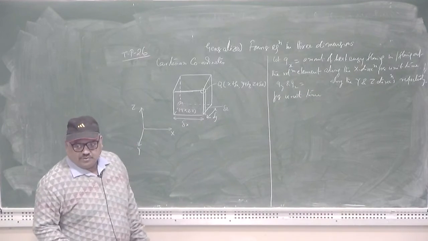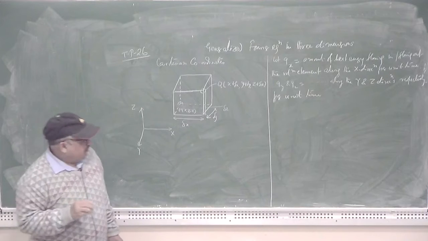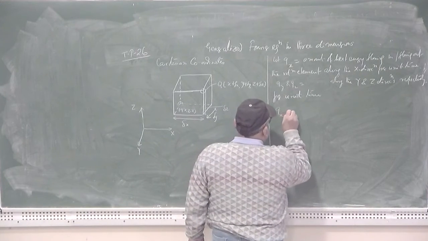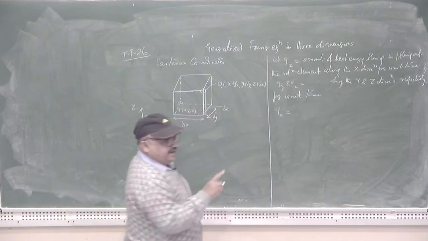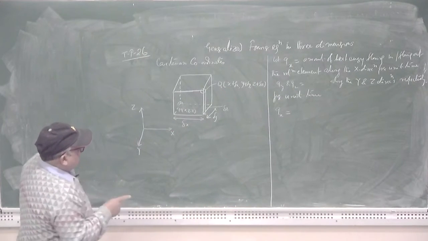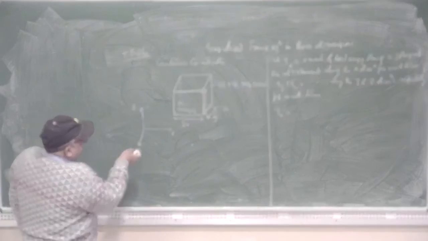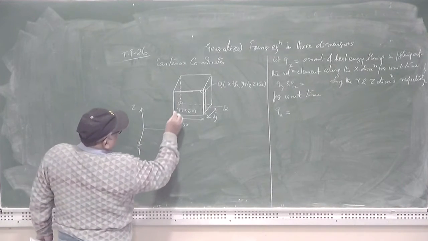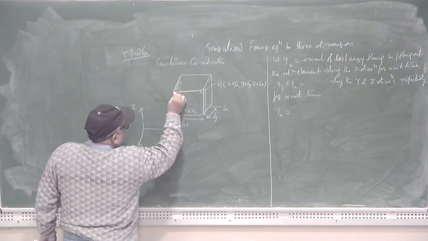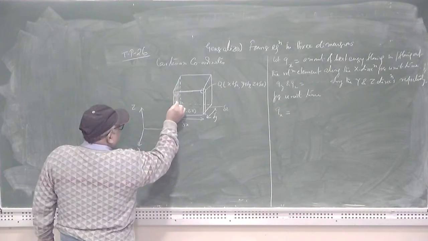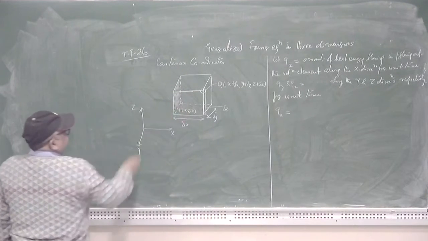So now you can write the quantity qx, that is the amount of heat energy entering the volume element per unit time along the x direction. If I am considering this direction, that is the x direction, this will be the area through which the heat energy is being received.